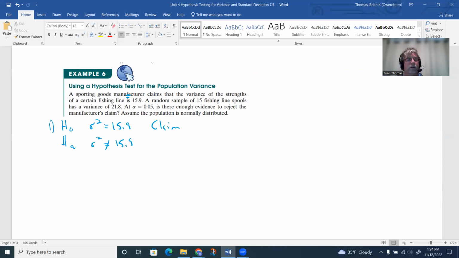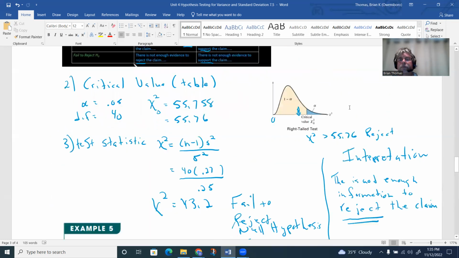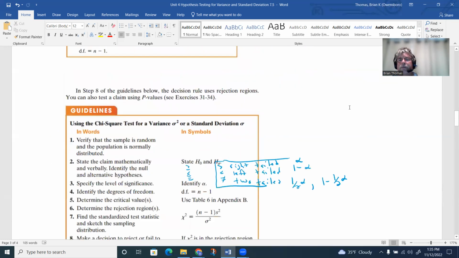From there, to reject or fail to reject, we have to understand what our critical value is. The critical value has to come from the table. Remember, since this is not equal to, this means we have a two-tailed test. So I'll come up here and pull that down.